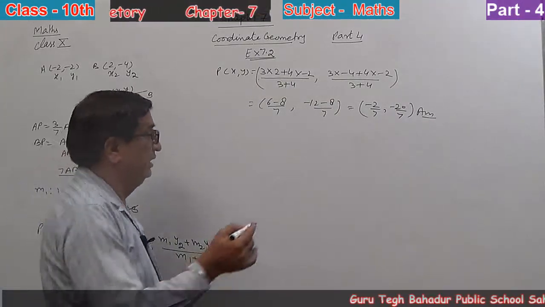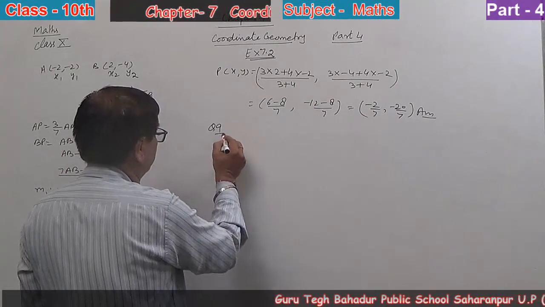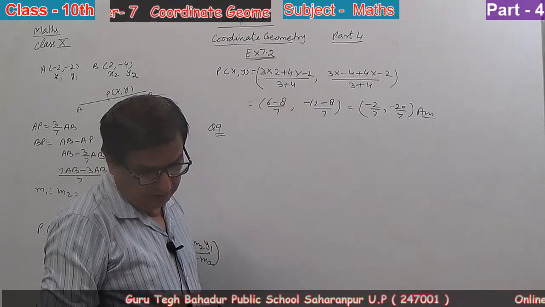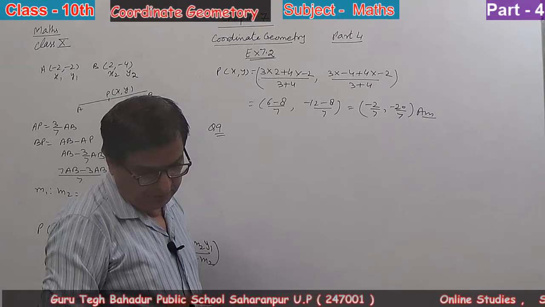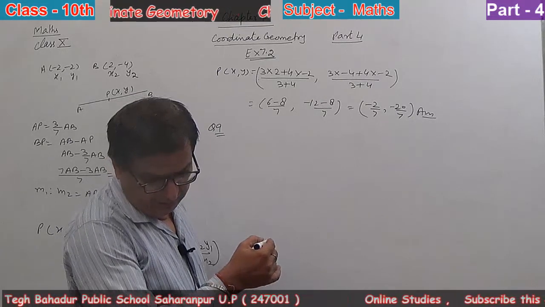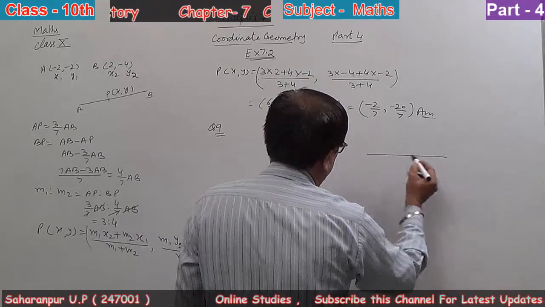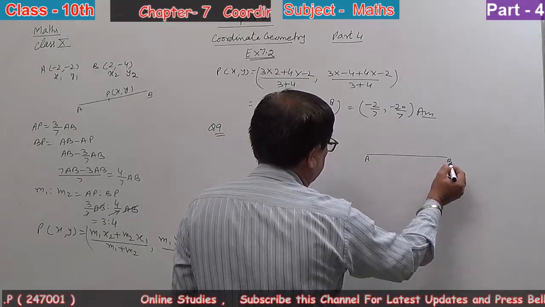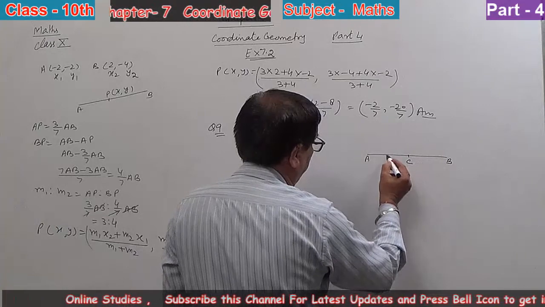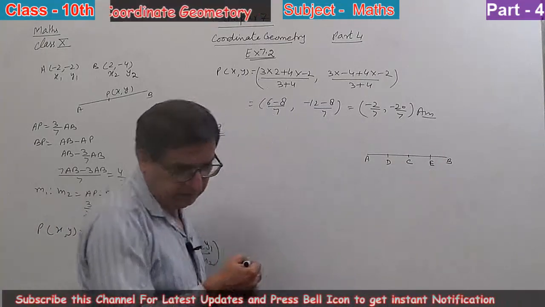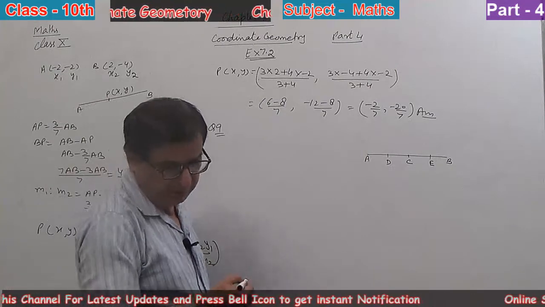See question 9. Find the coordinates of the points which divide the line segment joining A, B into 4 equal parts. A is given to you as (minus 2, 2).